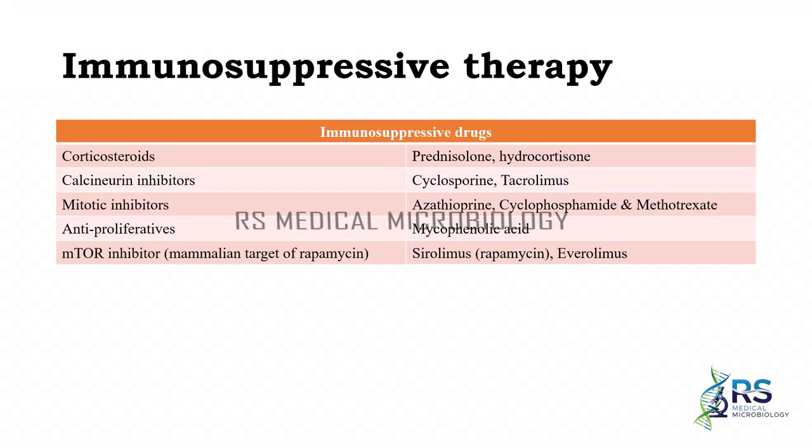So these immunosuppressive agents come in various varieties. You have the corticosteroids, calcineurin inhibitors, mitotic inhibitors, antiproliferatives, and mammalian target of rapamycin inhibitors. So you have prednisolone, cyclosporin, azathioprine, cyclophosphamide, all those things.